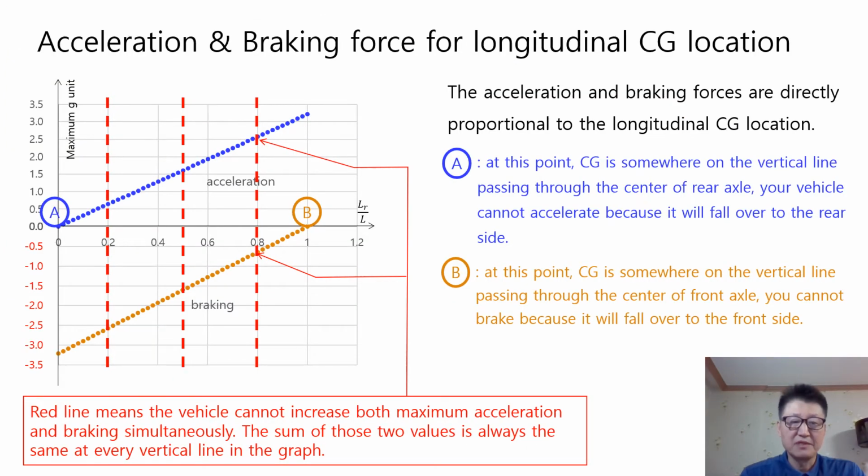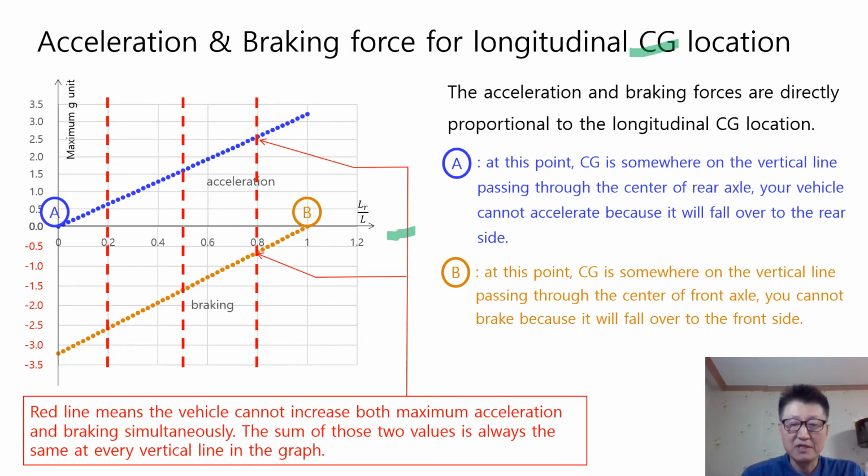This picture explains acceleration and the braking force for longitudinal CG location. The acceleration and the braking forces are directly proportional to the longitudinal CG location. At the point A, CG is somewhere on the vertical line passing through the center of rear axle.